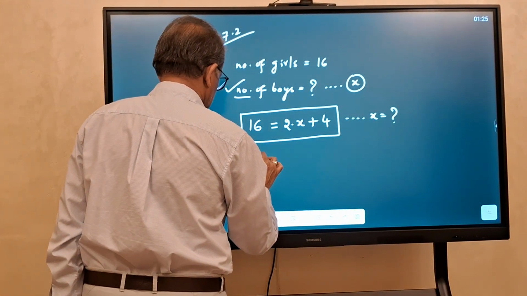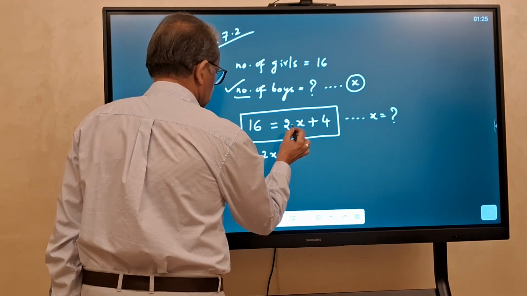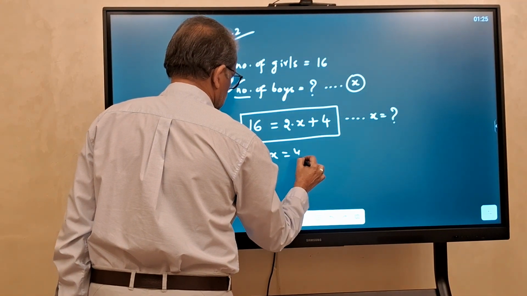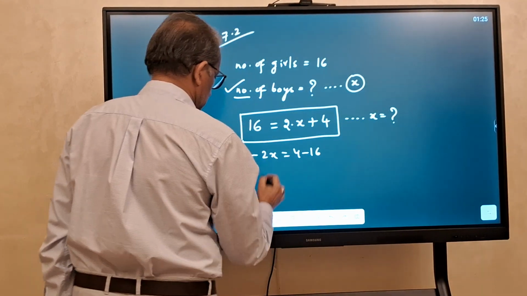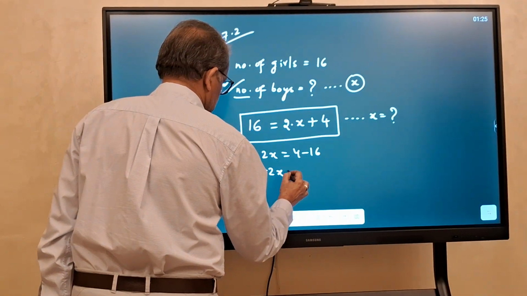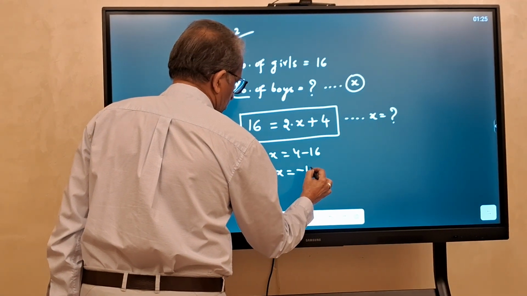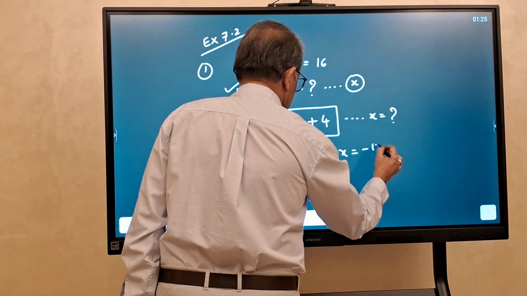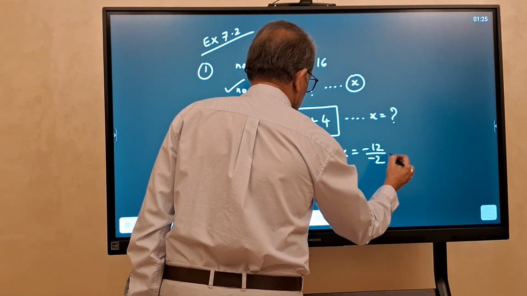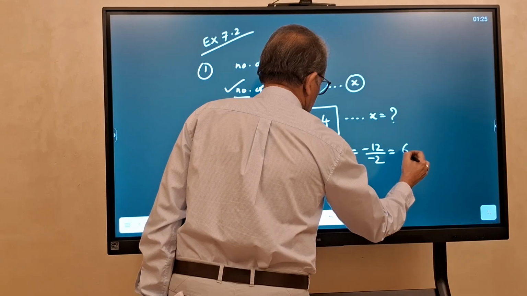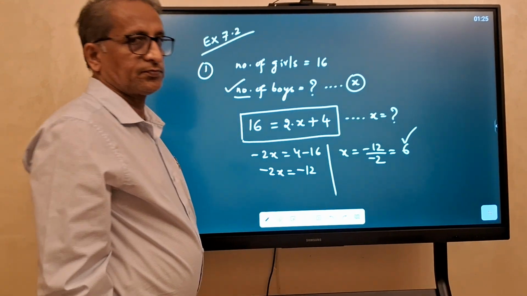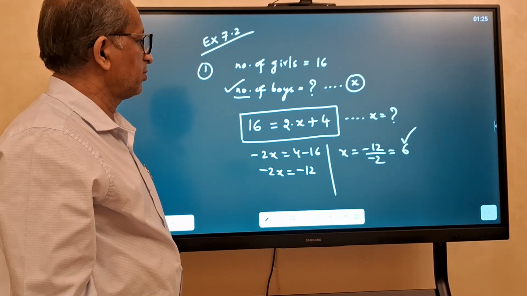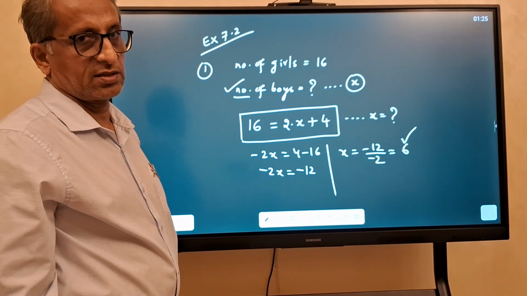Solving this, bringing 2x to the left and 16 to the right side, 2x minus 16, so minus 2x is equal to minus 12. So x is equal to minus 12 by minus 2. You see? Plus 6. Answer. So the number of boys in this example is 6.